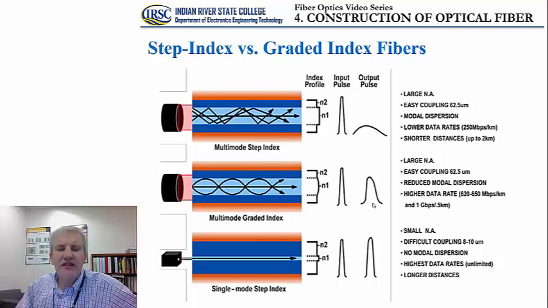In a graded index optical fiber, the index of refraction changes radially as you move from the center of the core towards the edge of the core. It's almost like having different layers inside the glass core, and layers with different density cause an additional bending of the light. Different modes will not be propagating along straight lines bouncing back and forth, but rather along curved paths.